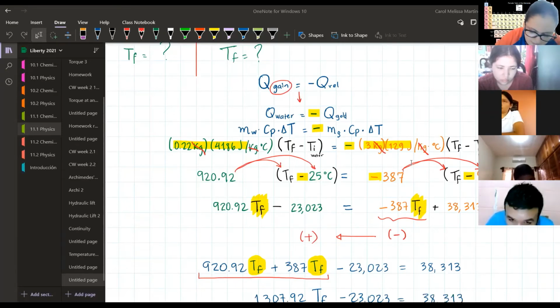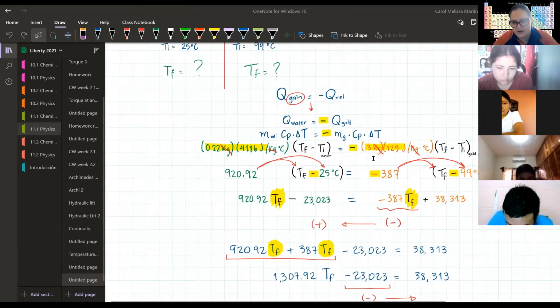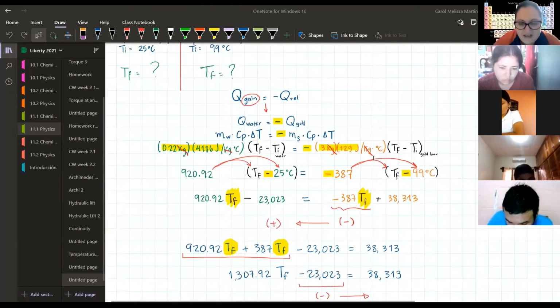Now I'm just going to move this one that is making a subtraction to the other side of the equation. So the 23,023 that is subtracting, you're going to move it to the other side of the equation by making an addition.